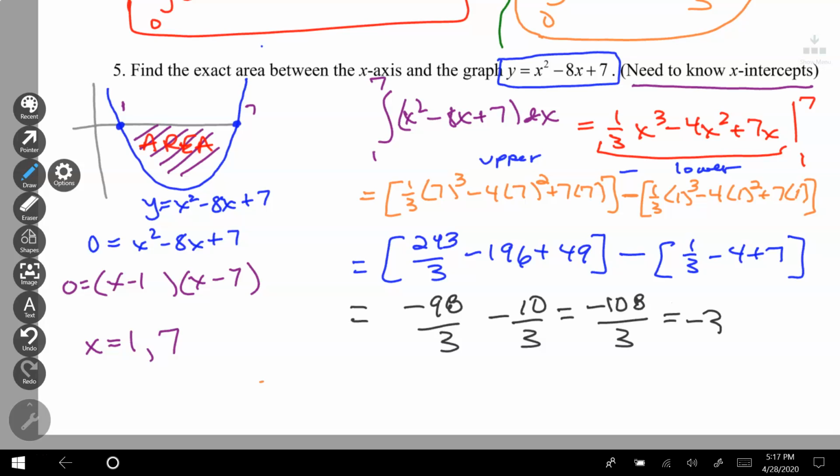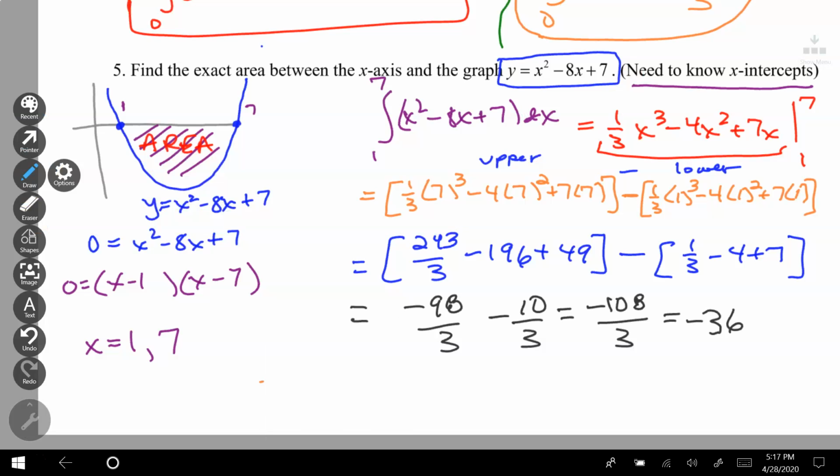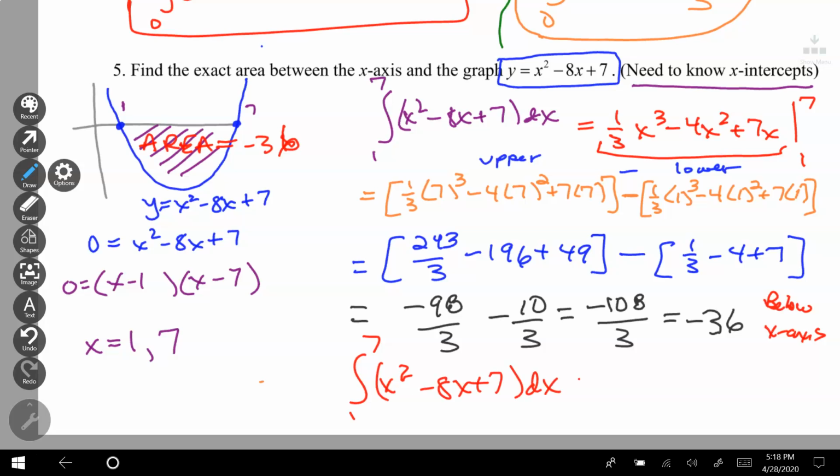I get negative 36, and I better get negative because it is below the x-axis. So the integral from 1 through 7 of x squared minus 8x plus 7 dx is equal to negative 36.